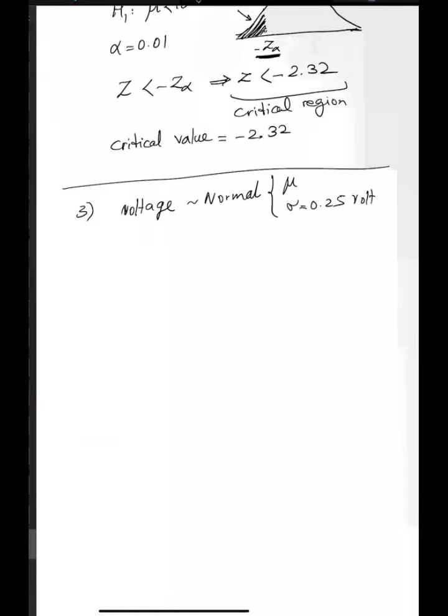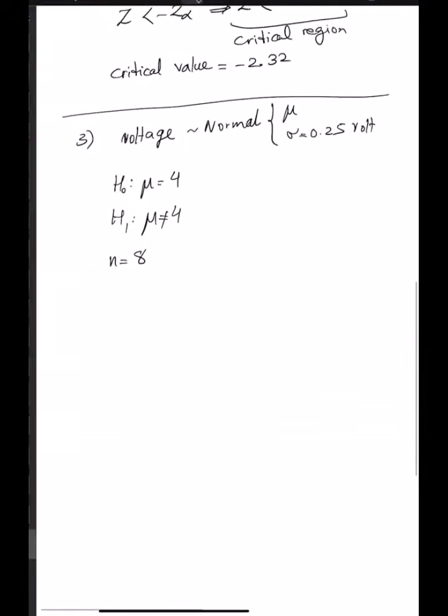And we wish to test the hypothesis that the average is 4 volt against the alternative hypothesis that the average is not 4 volt. And we are going to take a sample of size 8, and we want to calculate the p-value corresponding to this test.